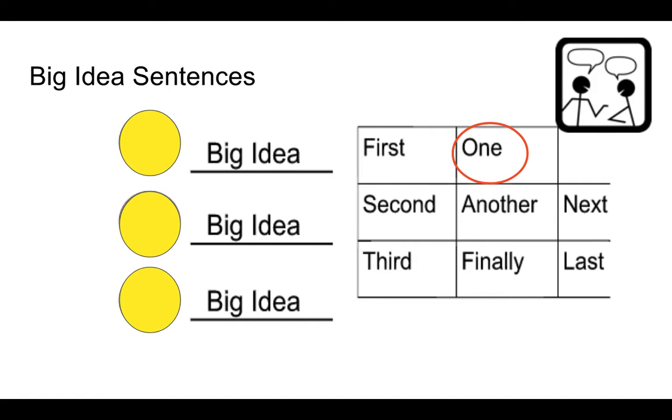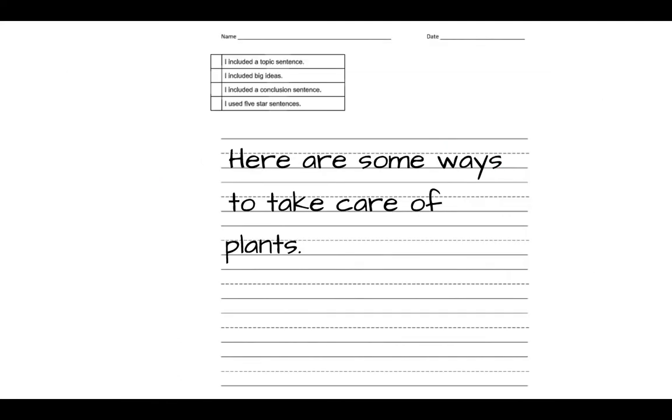So the sentence I'm going to write is, one thing plants need is water. I have my big idea that I wrote in my planner, and I have a transition word, and it will be a complete sentence. So now that I talked that through, I go back to my page with my writing, and I can add that on there. One thing plants need is water.